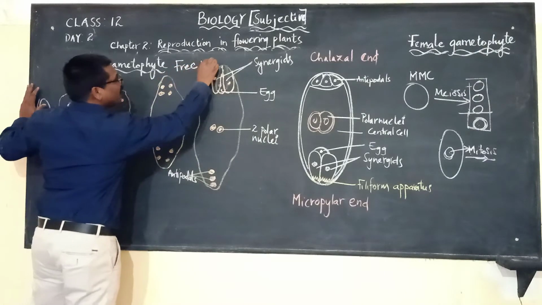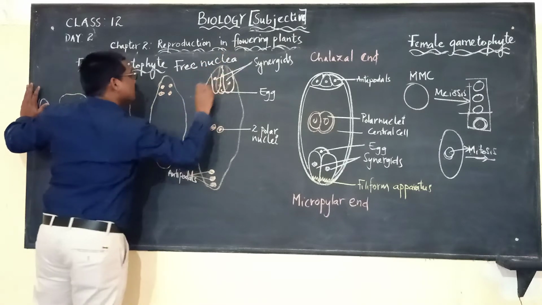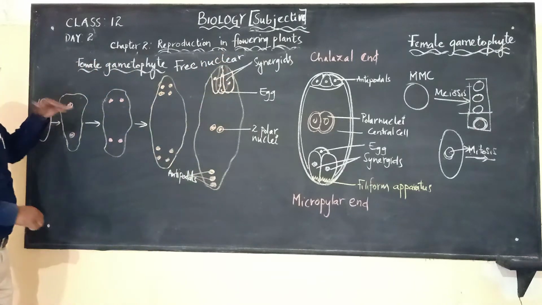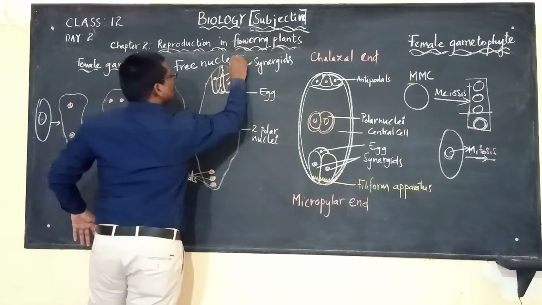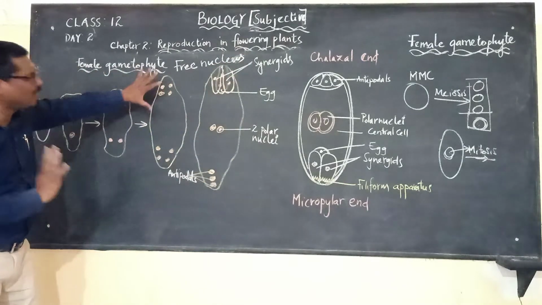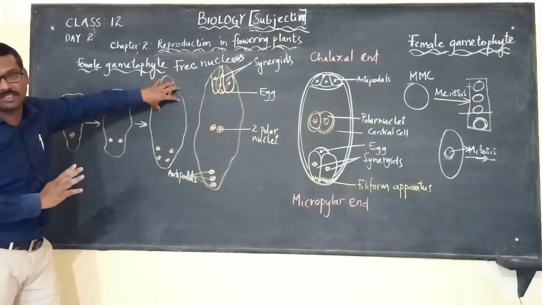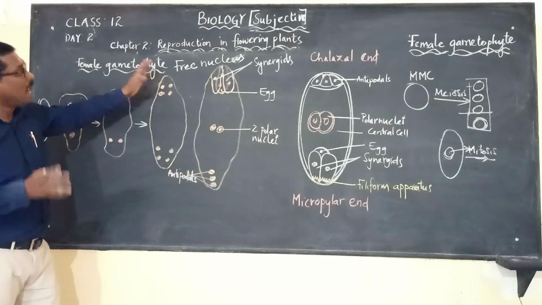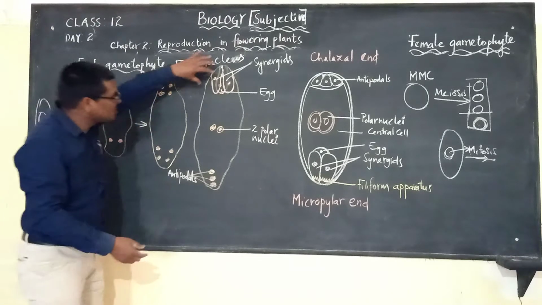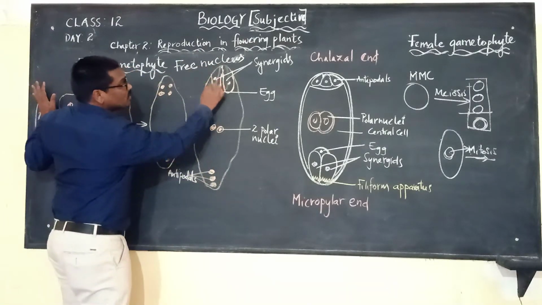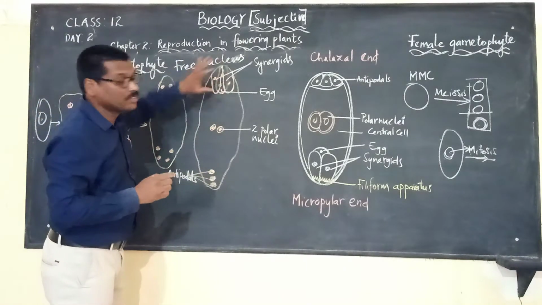Strictly they are free nuclei because they are not immediately enclosed by a cell wall. A little later, you will see the formation of the cell wall around the nucleus.